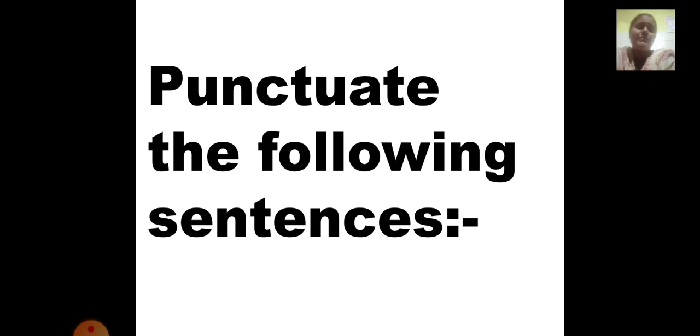Capital letters are also used for proper nouns, that is, the name of a person and the name of a place. Even if it is in between the sentence, we use a capital letter. And the letter I is always written capital, whether it is at the beginning, the end, or anywhere in between the sentence. Is that clear? Now let us solve a few examples.